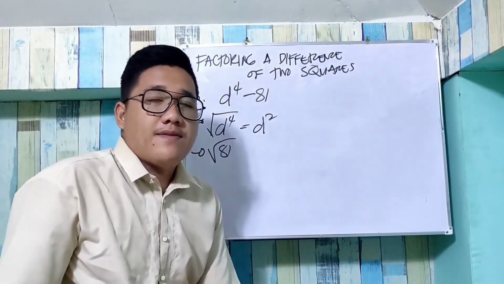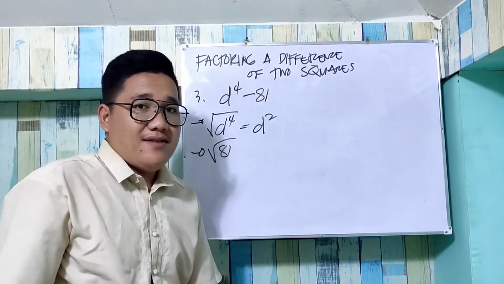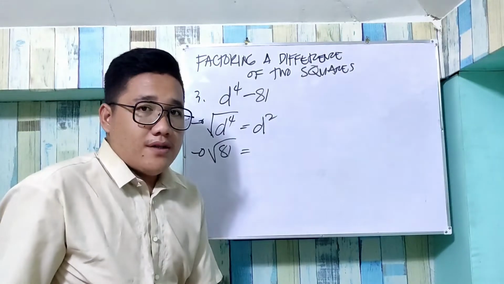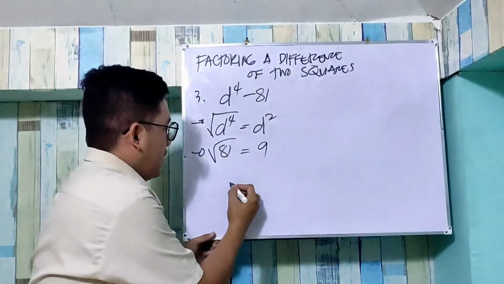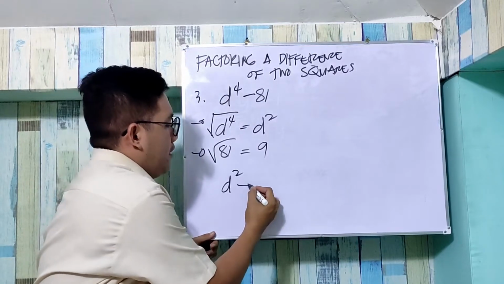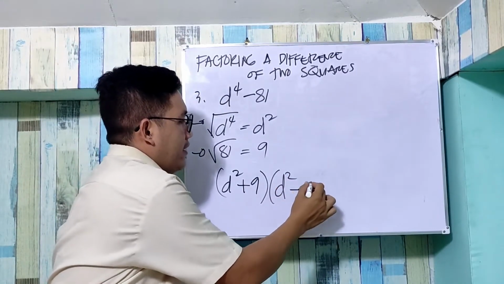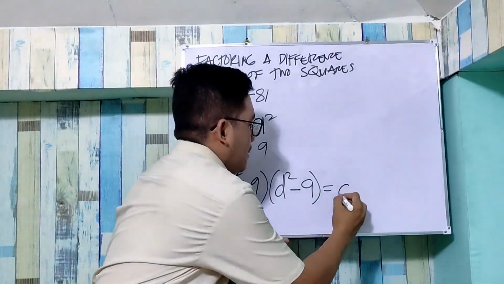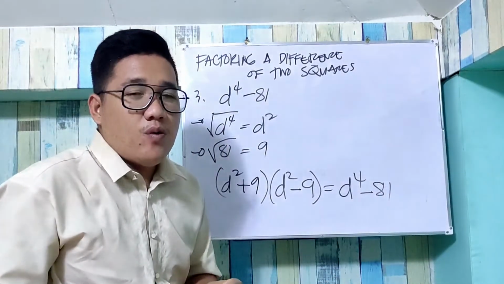D raised to 2 times d raised to 2, copy the variable d, then 2 plus 2, that is 4. What is the square root of 81? Okay, 9. So therefore, d squared plus 9 and d squared minus 9 are the factors of d raised to 4 minus 81.